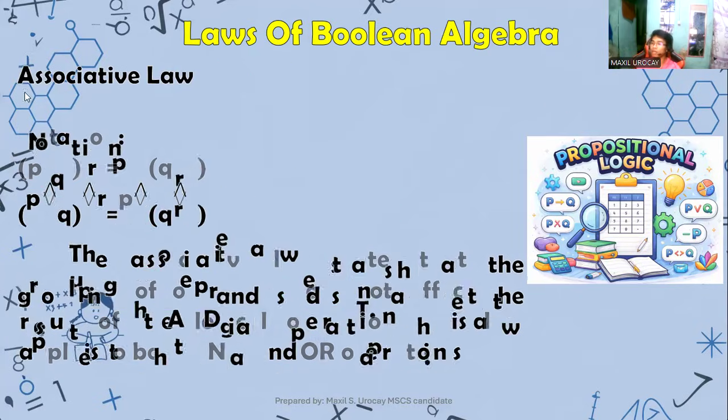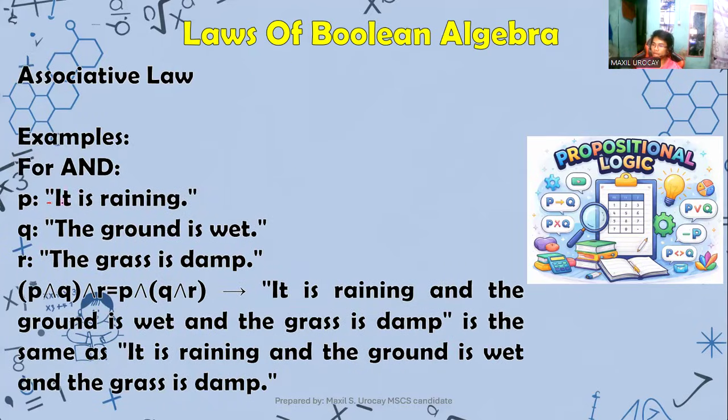Now, in a statement: it is raining, the ground is wet, and the grass is damp. It is always equal, class. Using P and Q, then and R: it is raining and the ground is wet, and the grass is damp.